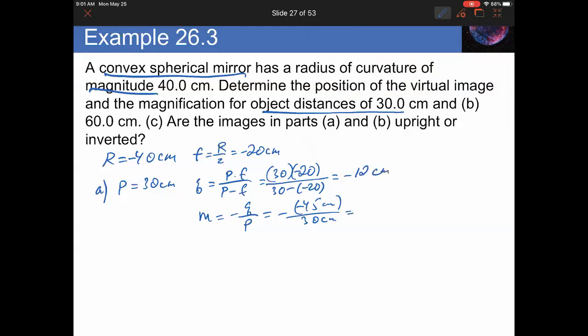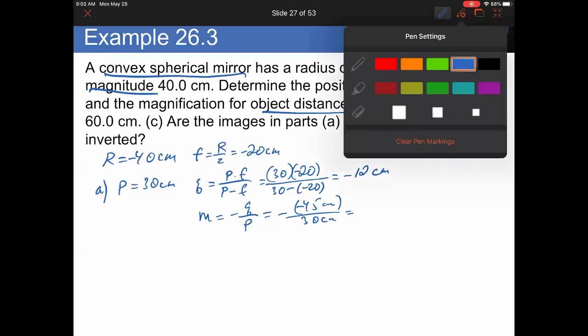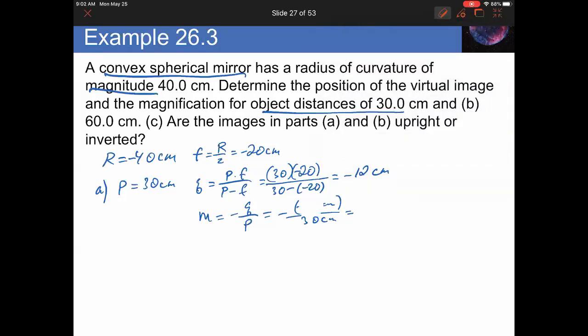Negative 12 centimeters, okay. Yeah, that's for the magnification. So for part A when it's 30 centimeters in front, if I'm doing the magnification, it will be -12 over 30, okay?